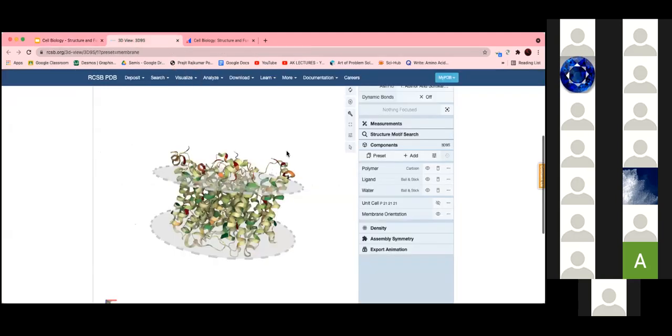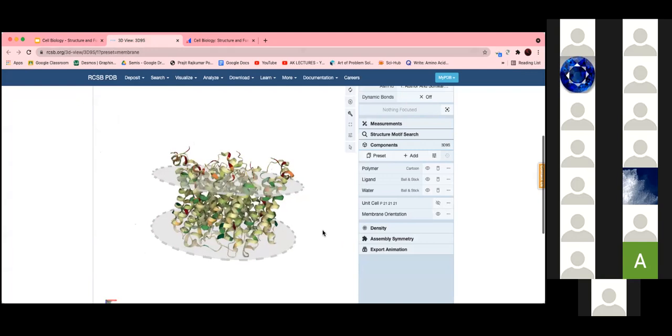So right here, I have a 3D view of an aquaporin protein. So this is from a site called RCSB PDB, or Protein Data Bank. You can just go to the site anytime you want, and then look up any protein you want to see in a 3D view to visualize it. And this site helps you observe how the structure of a protein will determine its function.